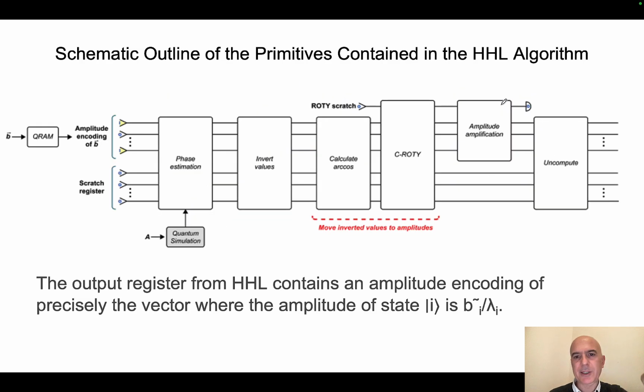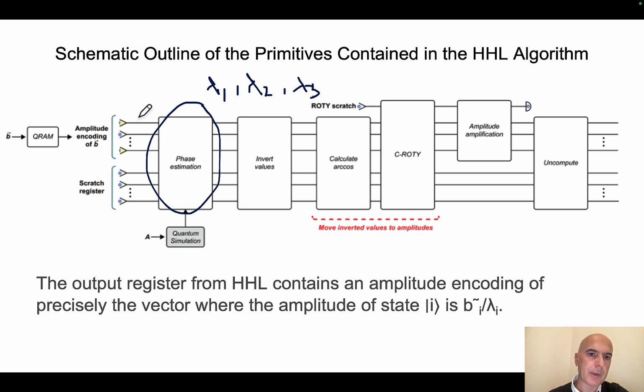So this is the implementation, the quantum circuit that the textbook presents. I'm not going to describe it in detail, I refer you to the textbook, but you see here different parts. The first important part is the phase estimation, which is responsible for providing our eigenvalues, lambda 1, lambda 3, depending on the size of our problem.